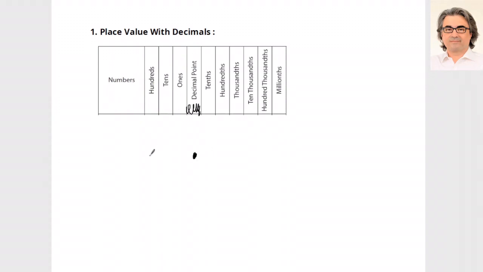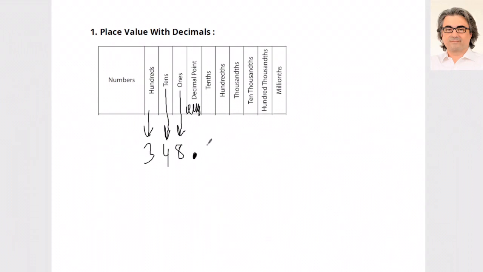Now let's write a number. 348 point. The number of hundreds is 3. The number of tens is 4. And the number of ones is 8. After the decimal point, tenths. Now let's write here.